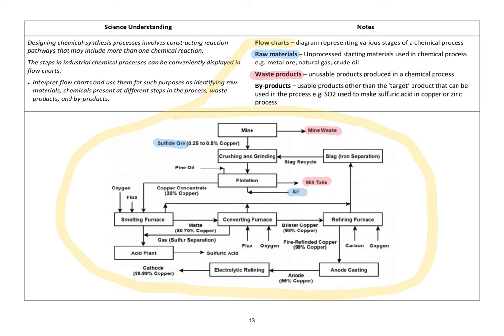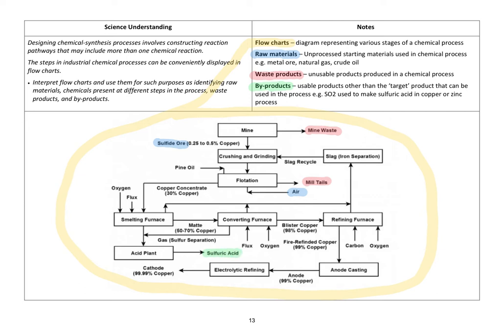The other thing, which is a little bit more useful, is byproducts. These are usable products other than the target product that can be used in the process. So sulfur dioxide, if that's given off, can be used to make sulfuric acid, which is part of the process in copper or zinc processing. So here in this case, sulfuric acid gets produced as a byproduct.